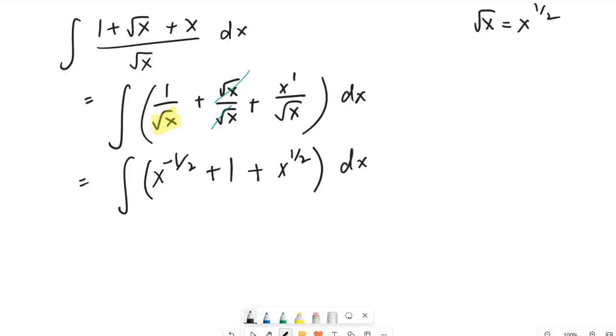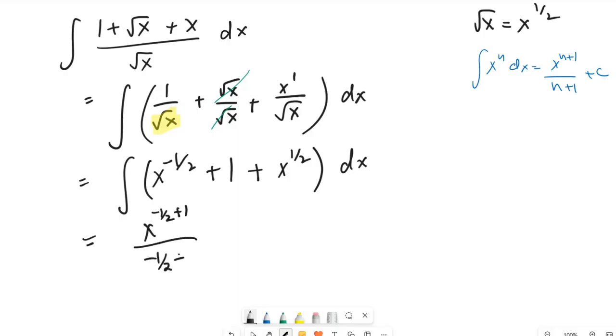We have not integrated yet. Now we are integrating. The rule is the power rule: x to the power n plus 1 by n plus 1, plus c. So here, the integral of x to the negative half plus 1 by negative half plus 1. 1 is just a constant, so the integral is x.